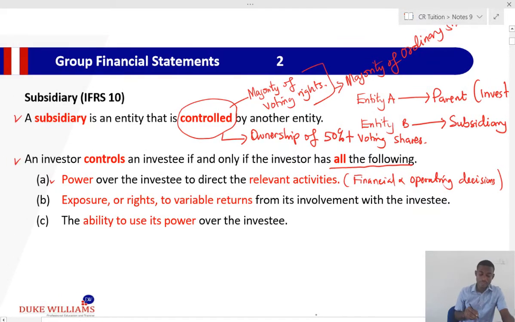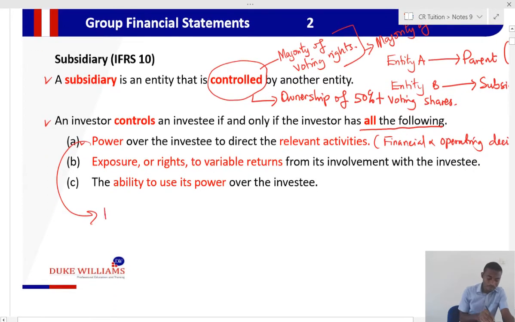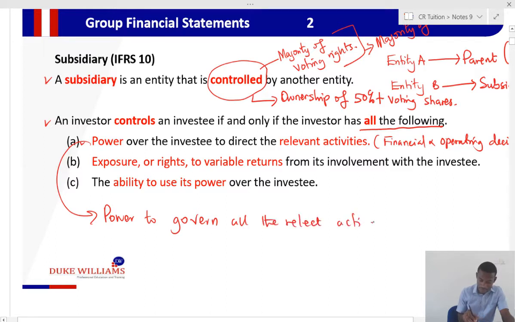So there should be power over the investee, and the power means that the investor has power to govern all the relevant activities, both financial and operational. All the activities on the investee, the investor who is the parent has power.